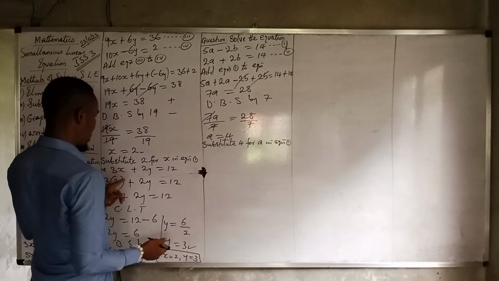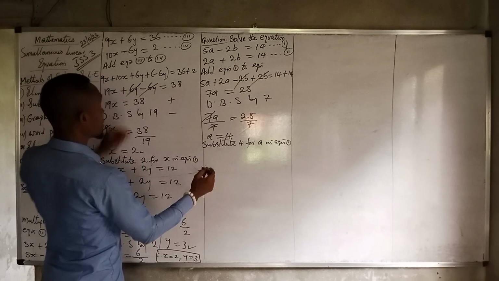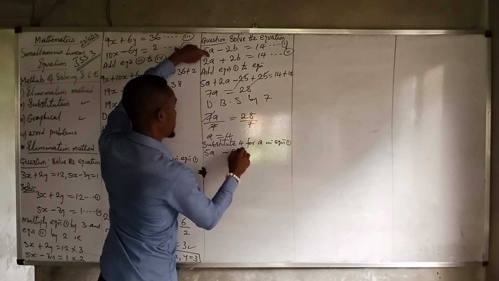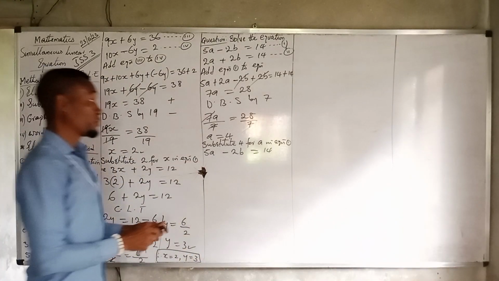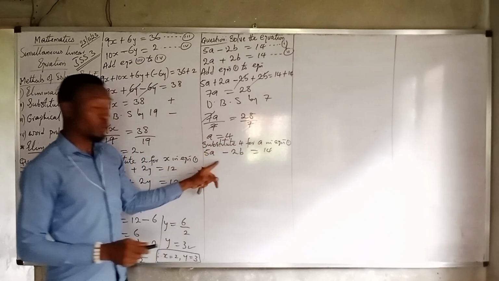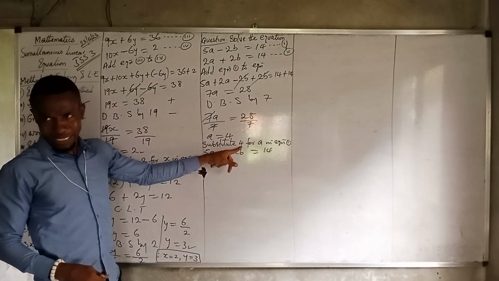Now bring equation 1. What is equation 1? 5a minus 2b equals 14. Any place you see a in equation 1, you should replace that a with 4. Do you understand?